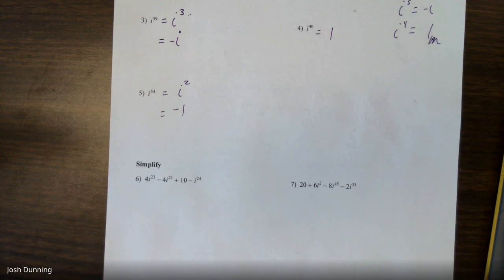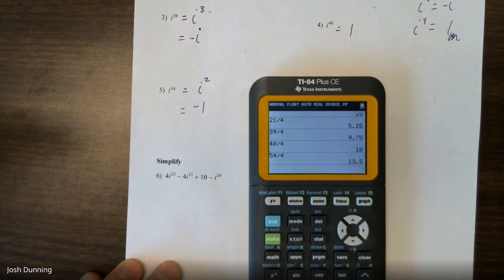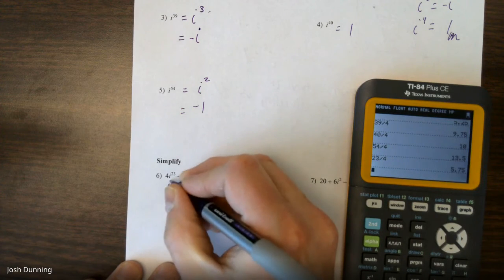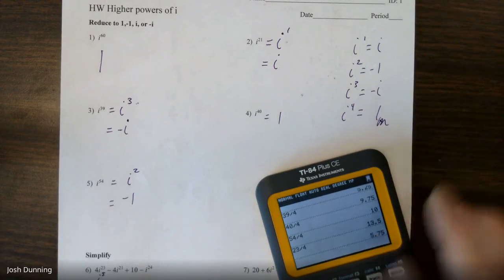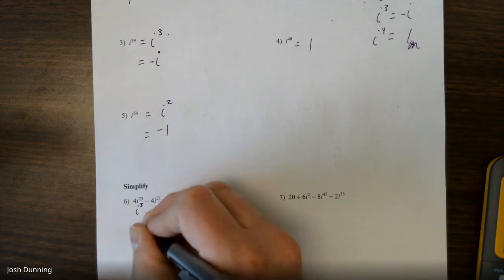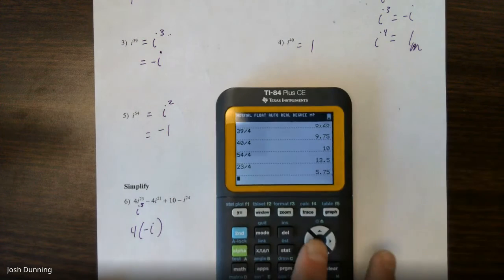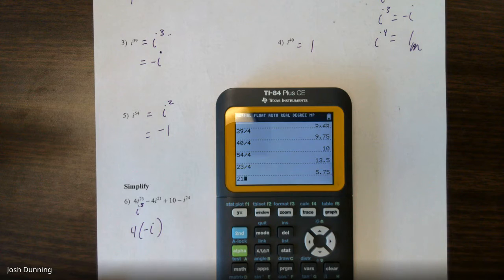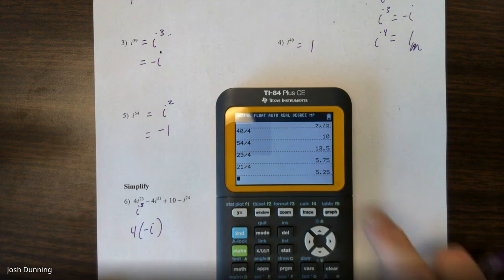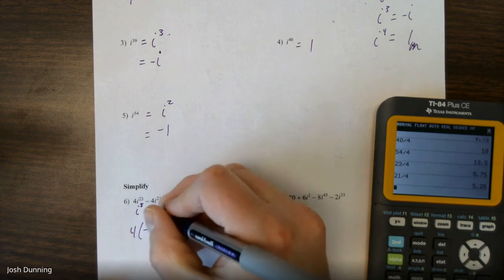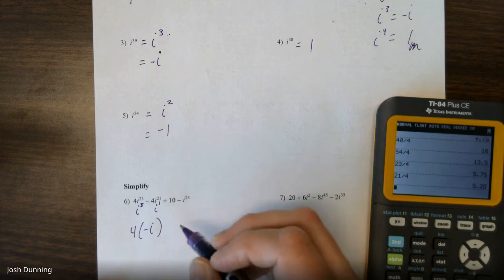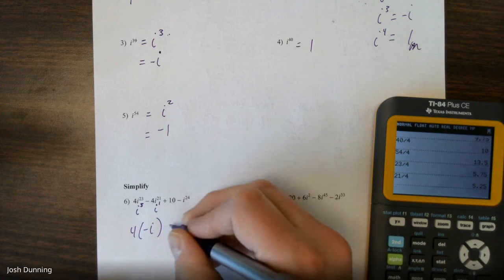And if you have to use it in the question, okay. 23 divided by 4. Oh, 75 cents is 3/4. So this is like i cubed, which back up to our key is -i. 21 divided by 4. 1/4, remainder of 1. So this is like i to the first, which, just like anything else, is just i.